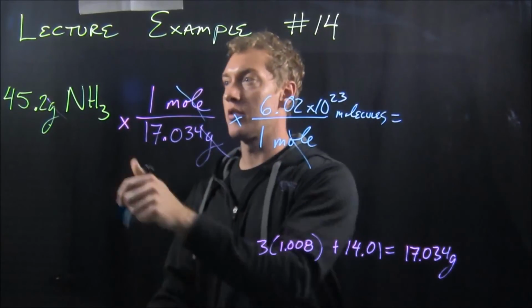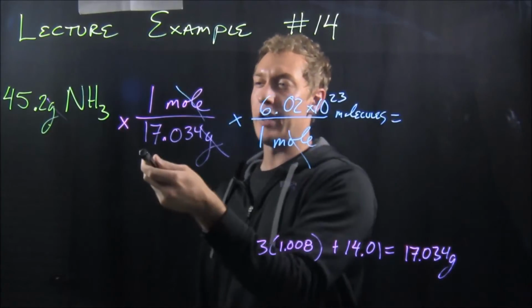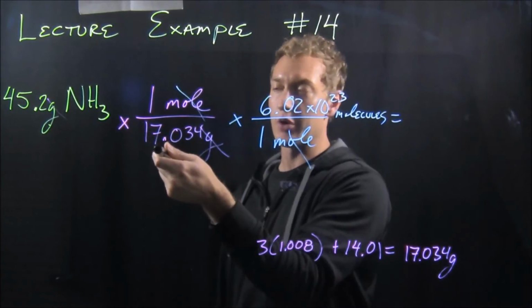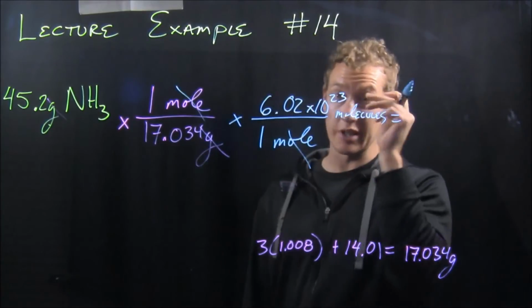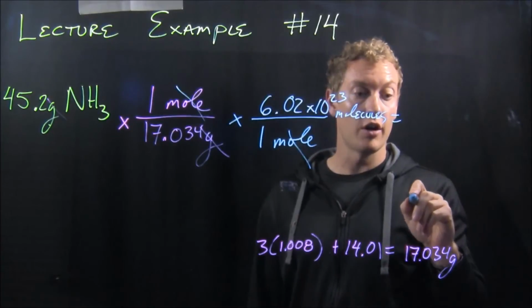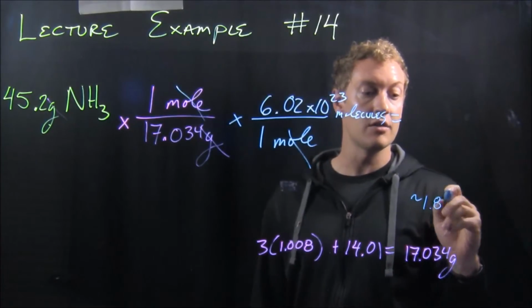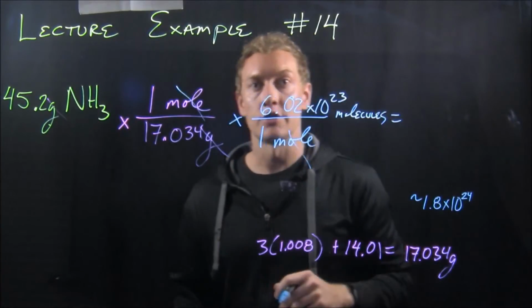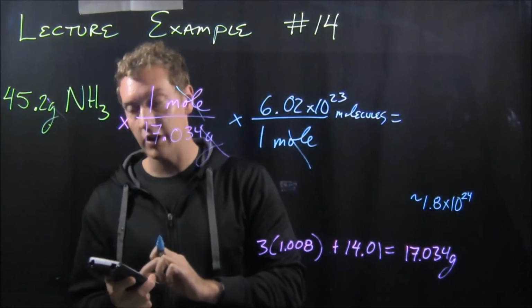Now to estimate, 45.2 divided by 17, so that's going to come out to be about 3, and then 3 times 6.02, so we're looking for a number in the neighborhood of about 1.8 times 10 to the 24th. So we can punch it into the calculator.